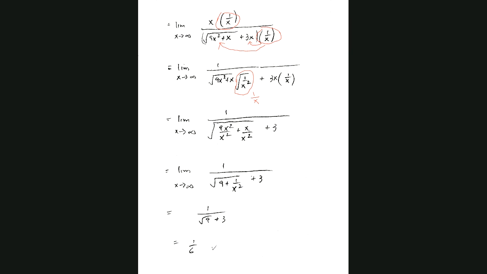And the reason I want to do that is because then, you know, you have a rule that says the square root of a times the square root of b is equal to the square root of a times b.